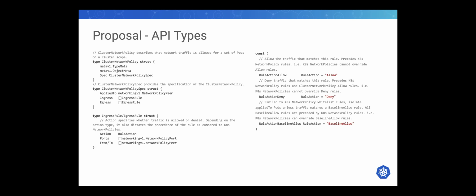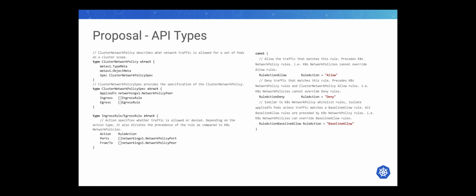Now, you may say that there can be a conflict between an allow rule and a deny rule, and that is certainly possible. You may have the same selector, the same port, and the same to and from for multiple rules, and one of the actions says allow, the other says deny. Those are conflicting rules. In that case, we say that deny always wins.